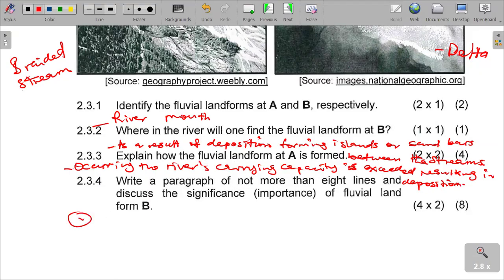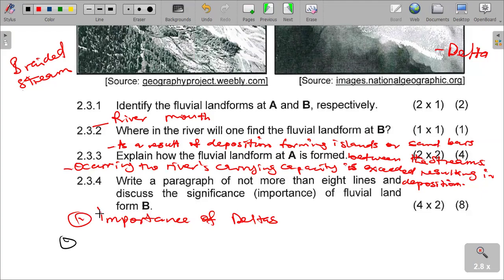And then next question, write a paragraph of not more than 8 lines and discuss the significance, importance of fluvial landform B. Importance of what? Importance of deltas. What are the importance of delta?